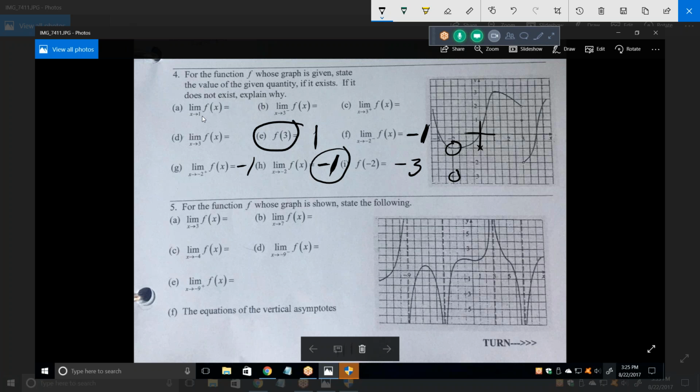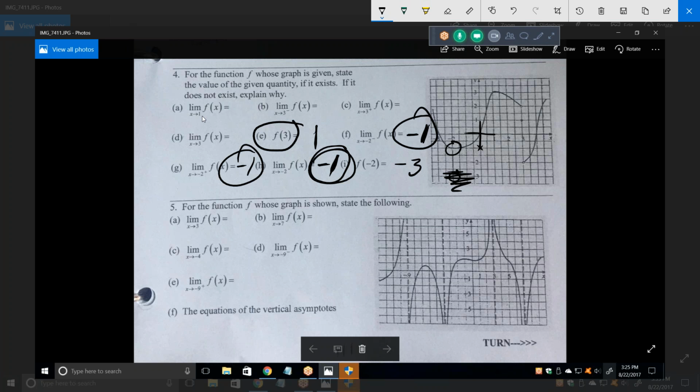Yeah, well, it's hard to see the way they've drawn it. I didn't see it at first either. But if this dot was not there and that was an open circle and that's all you had, f of -2 would be does not exist. In other words, if this is not there, then you're right. f of -2 would not exist, but that would still be true, and that would still be true.